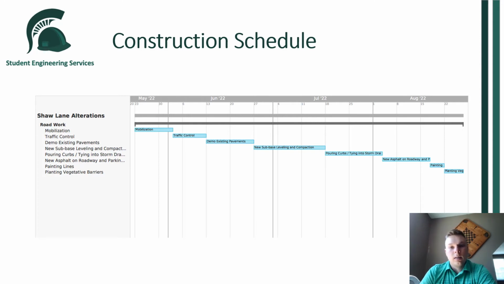That's followed up by the new subbase and leveling and compaction, and then that will be completed on the 18th, and then we'll pour curbs and tie into the storm system following that, and then we will have new asphalt on the roadway and in the parking areas, and then we'll just have to finish that up by painting new lines and planting vegetation, and that's how we get to our end date of August 25th.